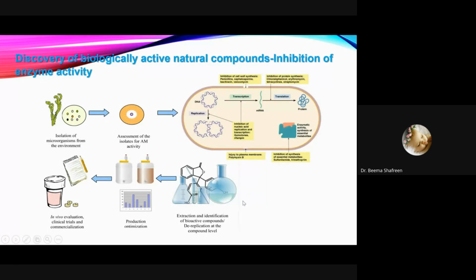So here, after the extraction and identification of the bioactive compounds, they can be scaled up, with optimization and production scaled up, and finally it can be taken for further in vivo evaluations and clinical trials. So the lead can be obtained from here, and finally it can be optimized, and the production can be increased and taken for further studies.